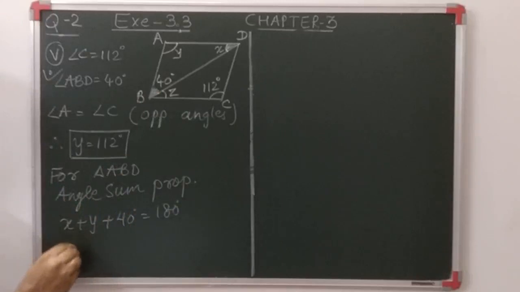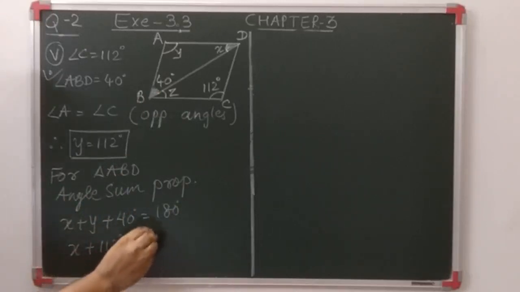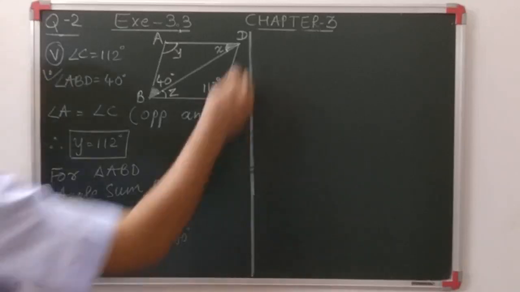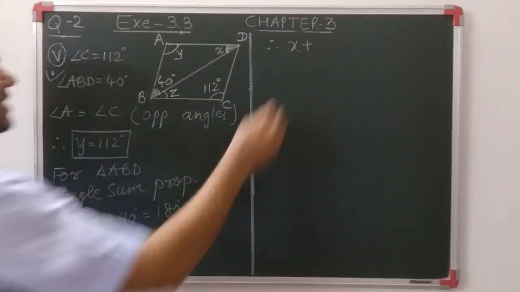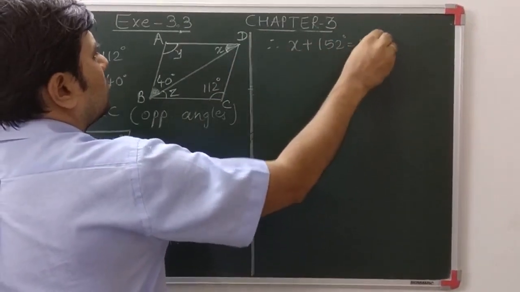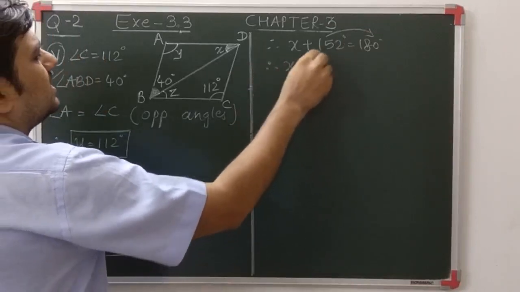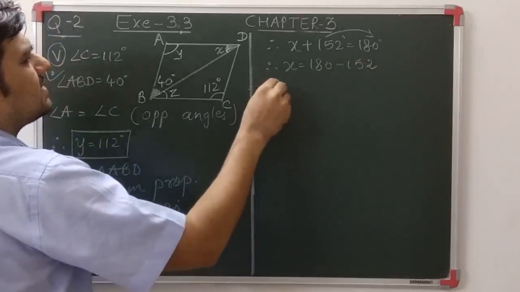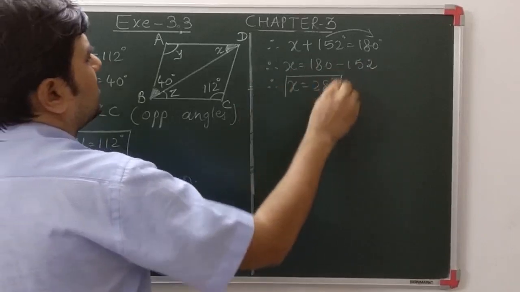X we don't have, Y we just obtained as 112 degrees, plus 40 degrees is 180. Let's do the sum of these two. So X plus, when I do the sum of these two, it is 152, is equal to 180. To obtain X, I'll take this to the right hand side. It must be subtracted from 180. 180 minus 152. So the value of X is 28 degrees. This is the X we obtained.